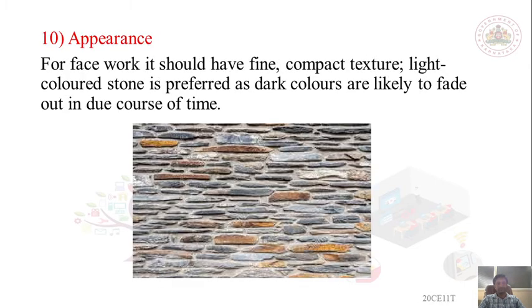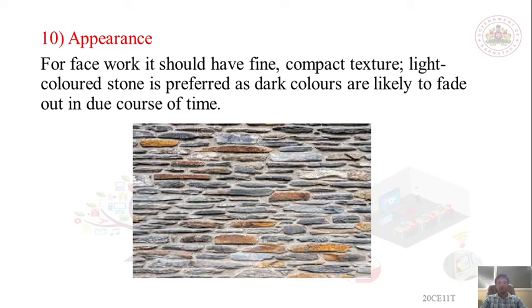Number 10, appearance. For a face work, it should have a fine compact texture. Light colored stone is preferred, as if you choose a dark color, the color is likely to fade due to atmospheric agencies like sun, rain, frost action, wind, etc. So you have to choose a light colored stone against the dark colored stone.